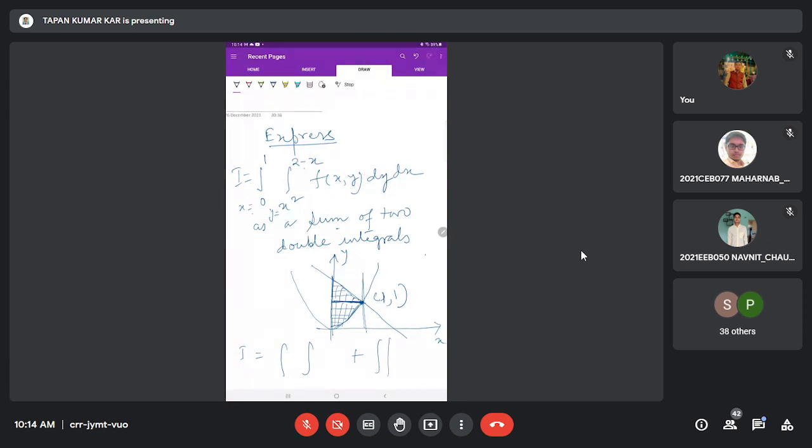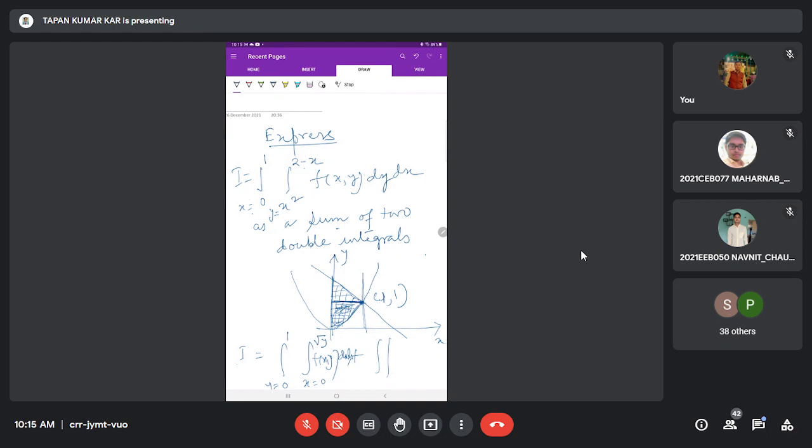So for this region, x varies from 0 to root y, and y varies from 0 to 1. Here it is first dx, then dy, of f(x,y).